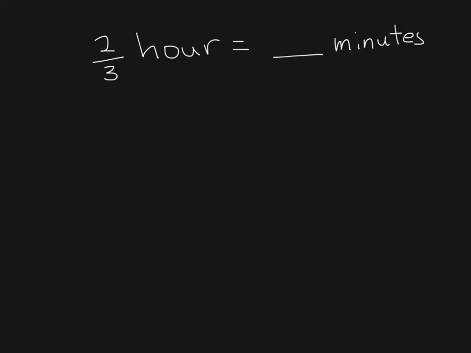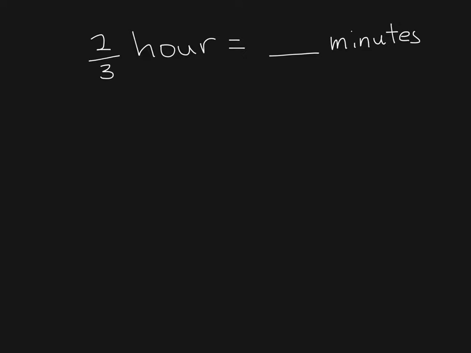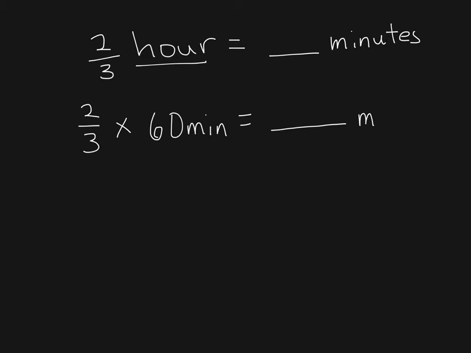And I know that an hour equals 60 minutes. So I'm going to replace that word hour with 60 minutes. And of course, 2/3 of an hour is the same as 2/3 times. So I've now got 2/3 times 60 minutes, and that will equal how many minutes?